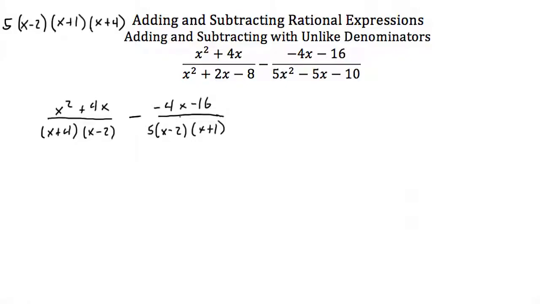Now, if I wanted to get the least common multiple of 5 times x minus 2 times x plus 1 times x plus 4, in this first term, I'm going to have to multiply it by what's missing, namely this 5 and this x plus 1. So I'm going to multiply both the numerator and the denominator of this first term by 5 times x plus 1 over 5 times x plus 1.